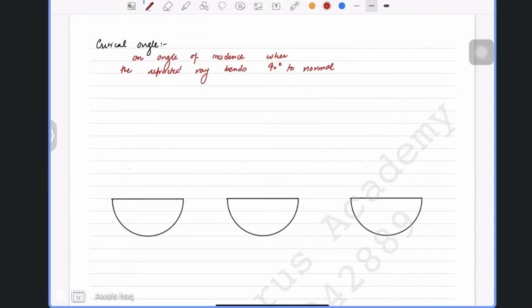The symbol we use for critical angle is capital C. The formula is sine C equals 1 upon n. That is the refractive index.